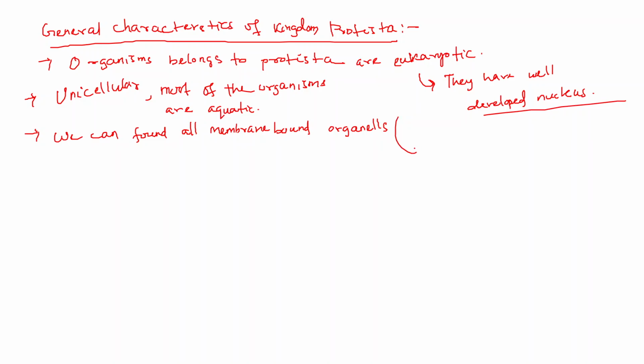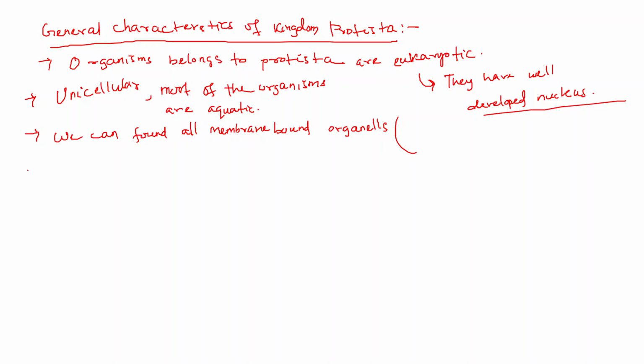Membrane bound organelles means like mitochondria, chloroplast, peroxisome, and the nucleus. These are all the membrane bound organelles we can notice in the organisms of kingdom Protista.